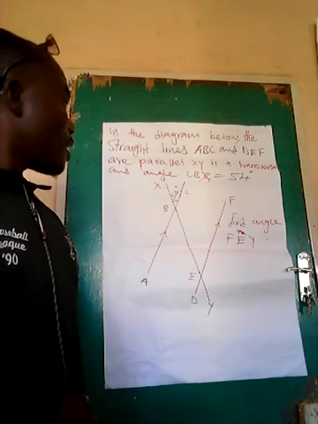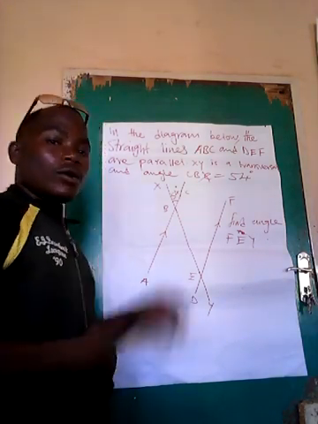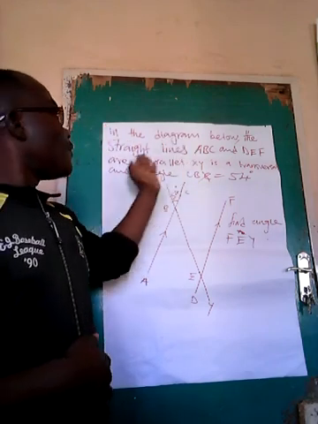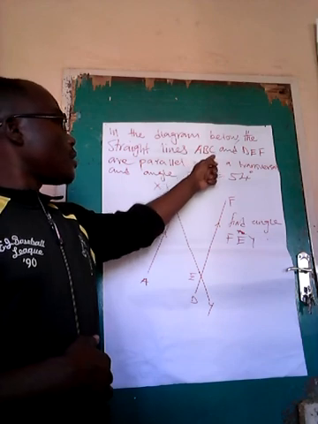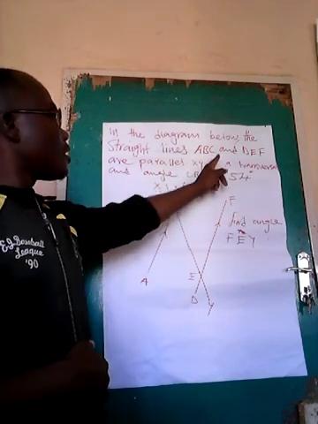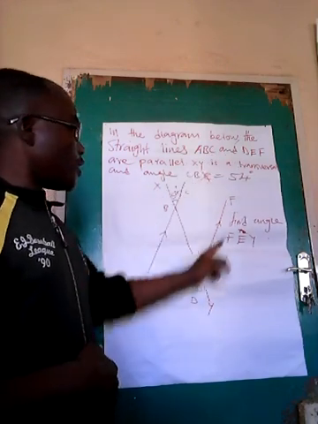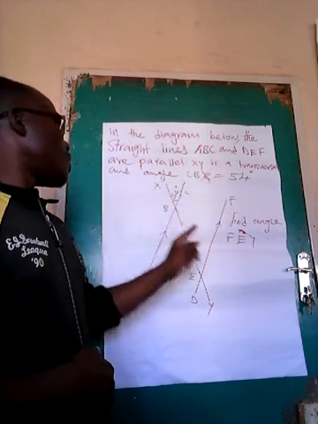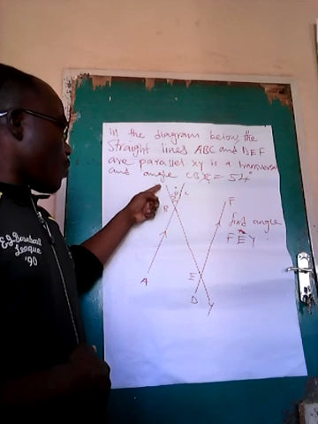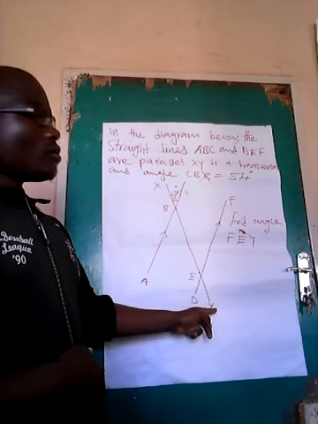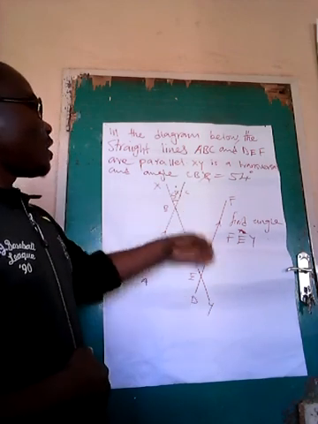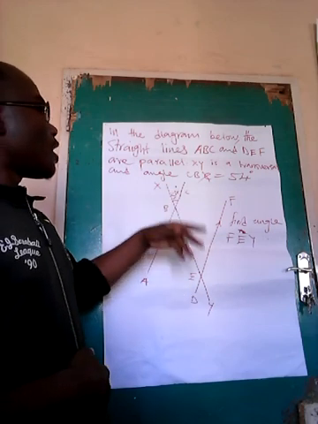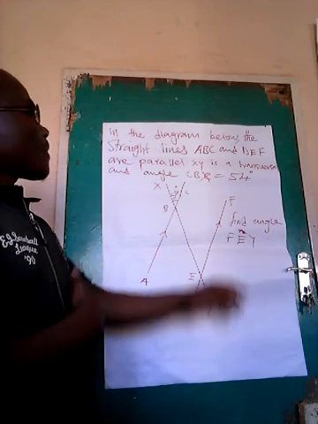The next question is coming from angles. Okay, so in the diagram below, the straight lines ABC and DEF are parallel. XY is a transversal, which means it is joining these two parallel lines, making opposite angles of the parallel lines.